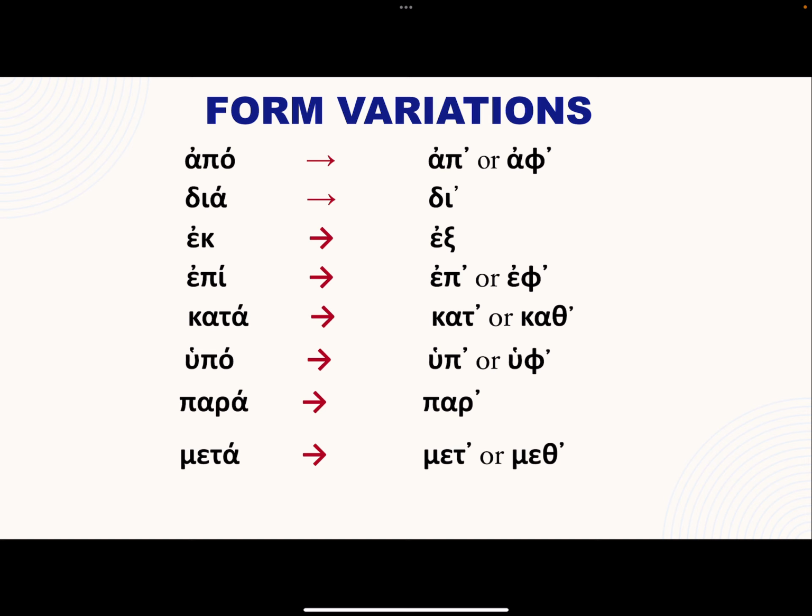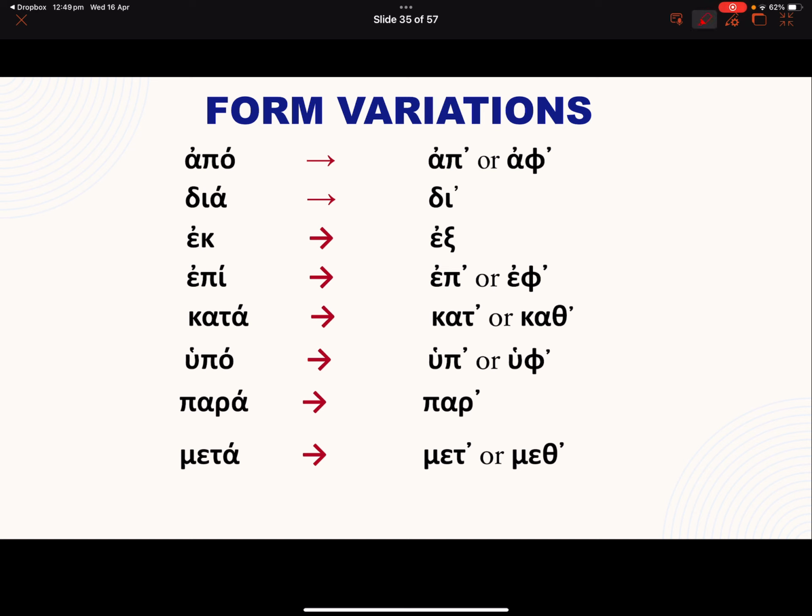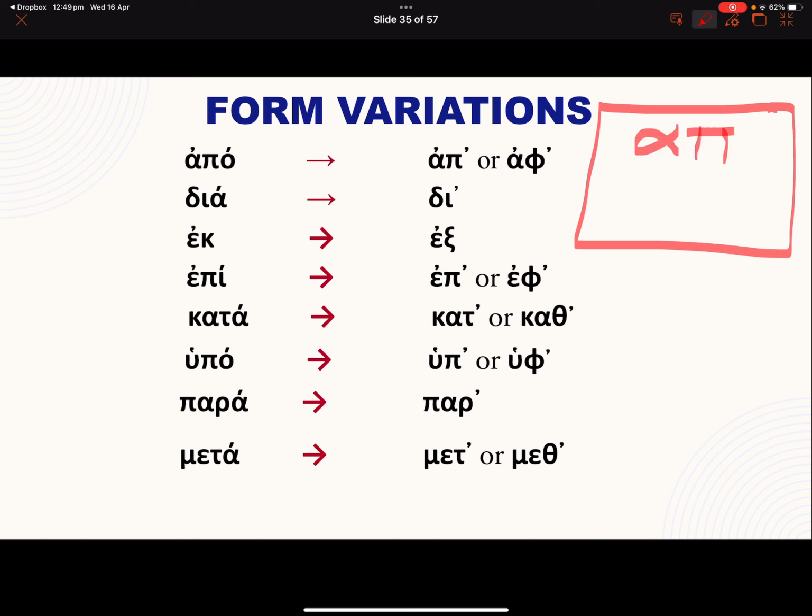So what I recommend for students, if you've made flashcards or however you're learning your vocabulary, is to put the word there, apo, but also underneath, maybe in brackets, the variation, just so you remember, oh, that's right, sometimes the last vowel can drop off, or sometimes the last letter can lengthen or change depending on the word that comes after it.